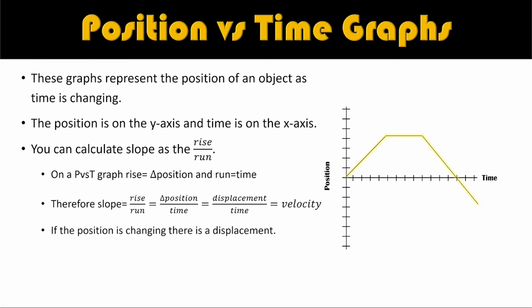That makes sense because if the position is changing, you've had some sort of displacement. You're not where you were before. That means your slope is equal to the velocity of the object. That's going to be super useful, and you can calculate how fast something is moving by calculating the slope on a position versus time graph.